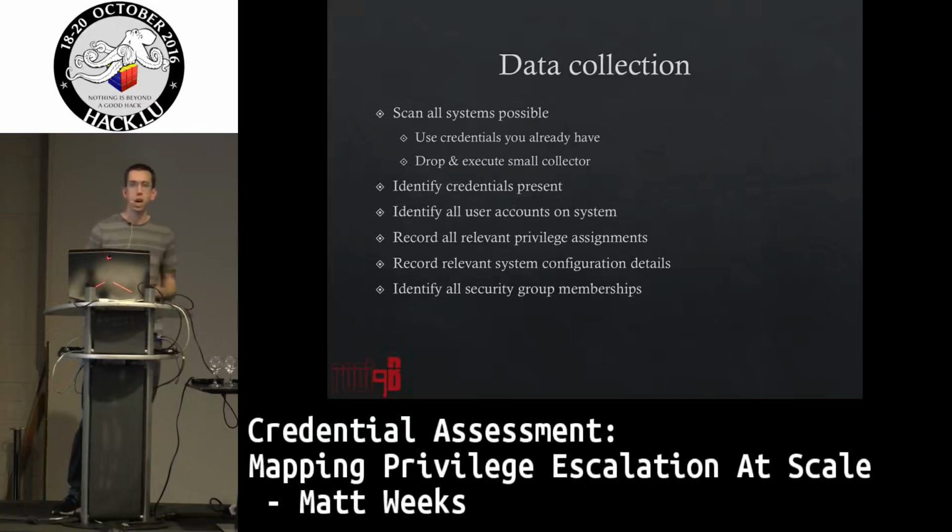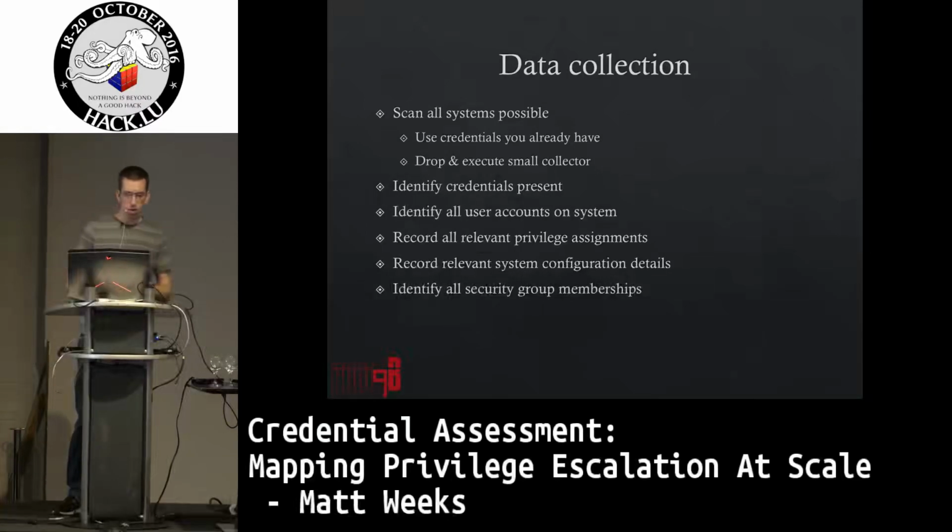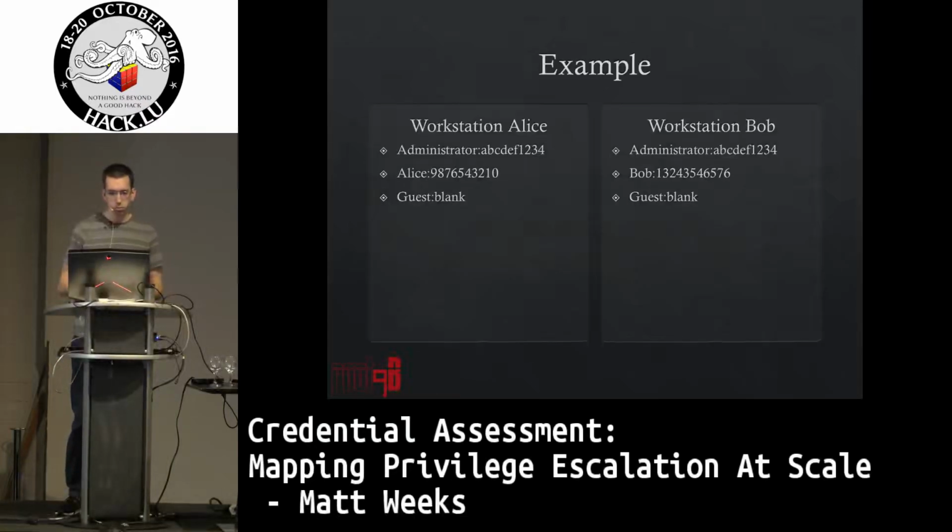If you saw the talk a few hours ago on group policy, there can often be a lot of different group policy objects, and they can all be applied with different settings to different organizational units. A lot of times the administrators looking at that console might think that one thing is being applied to a system, but when we scan the actual system, we see what's actually been applied. And then we record all the system configuration details which are relevant, and group memberships.